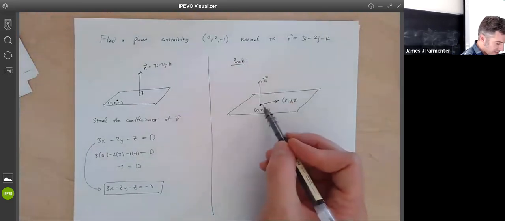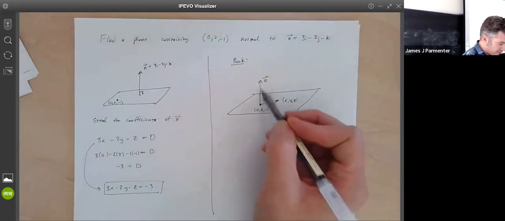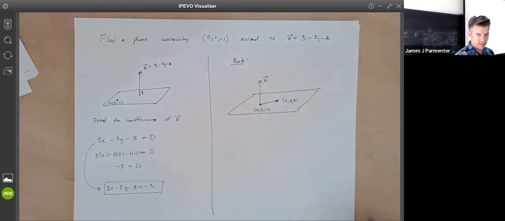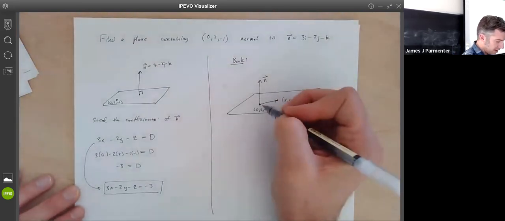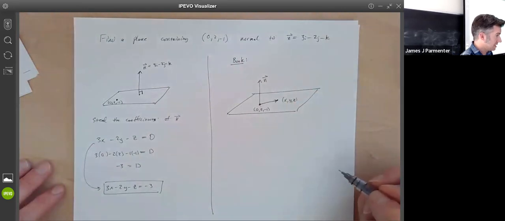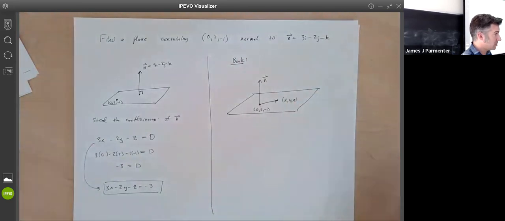And what do we know about this vector and this vector? Let me actually back up one second. What do you know about this vector that's in the plane and this other vector? They're perpendicular to each other. And if two vectors are perpendicular, what do we know about their dot product? So check this out.